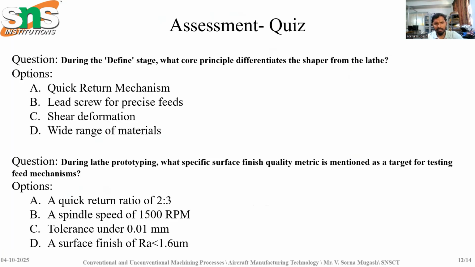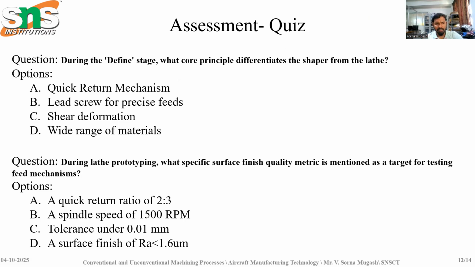And the next slide is the quiz time. In the define stage, what core principle differentiates the shaper from the lathe? The option is A, the quick return mechanism.